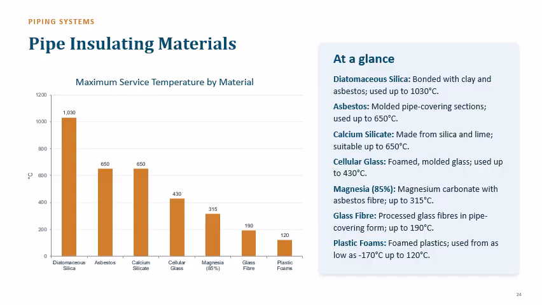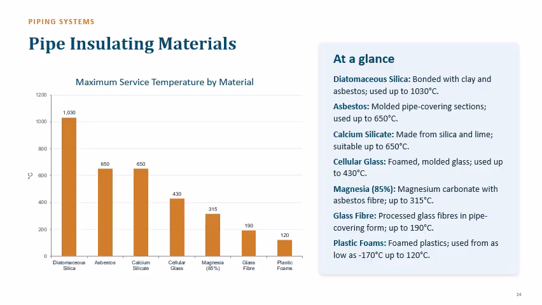In terms of diatomaceous silica, that is bonded with clay and asbestos, the maximum service temperature of the material is 1030 degrees Celsius, and asbestos, a molded pipe covering sections, used up to 650 degrees Celsius, and calcium silicate, which is made from silica and lime, can be used up to 650 degrees Celsius, and cellular glass, which is a foamed molded glass, can be used up to 430 degrees Celsius.